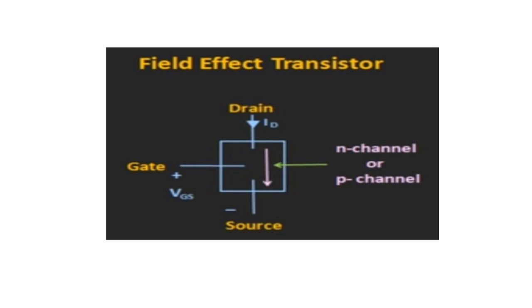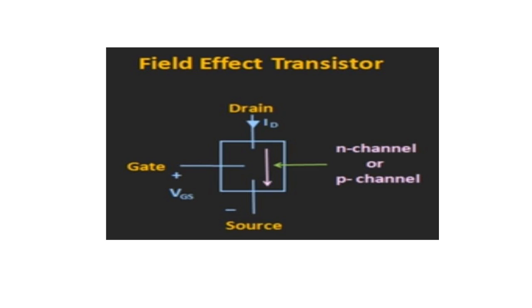However, in a field effect transistor, FET, the output characteristics are controlled by input voltage, that is electric field, and not by input current. This is probably the biggest difference between BJT and FET.